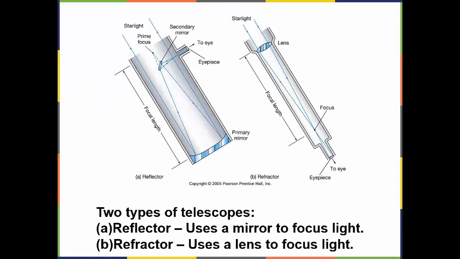So there's two main types of telescopes, reflector and refractor. Reflectors use mirrors to focus the light, and a refractor uses lenses to focus the light. Both of them create an inverted, smaller image. And to make the image larger, so we can see it with our eye, we use an eyepiece, which is just a magnifying glass.